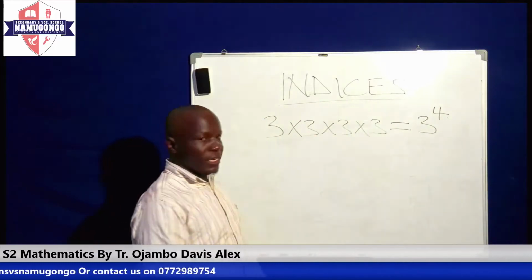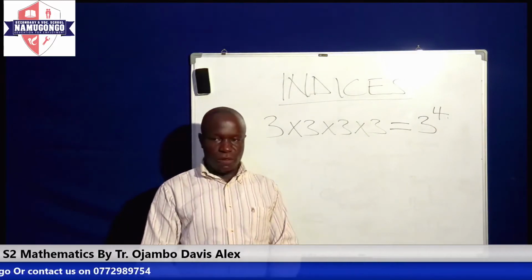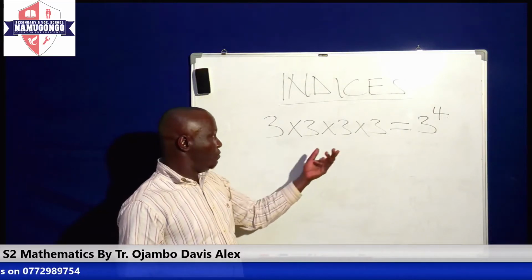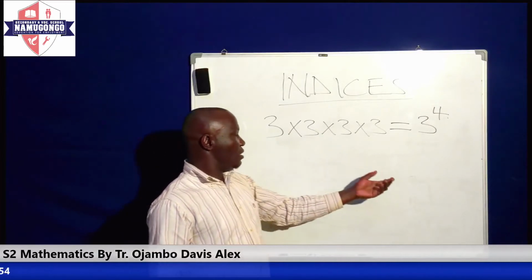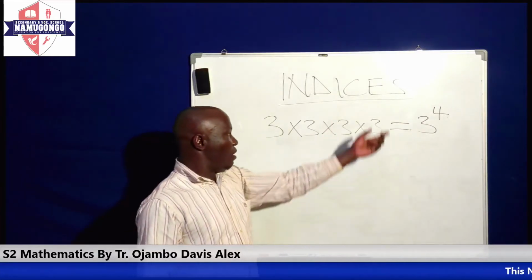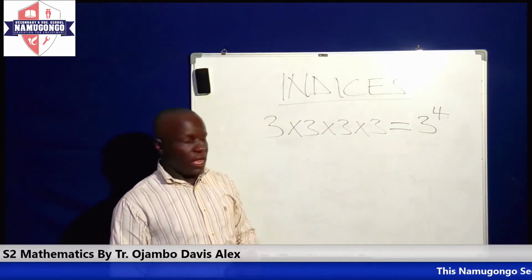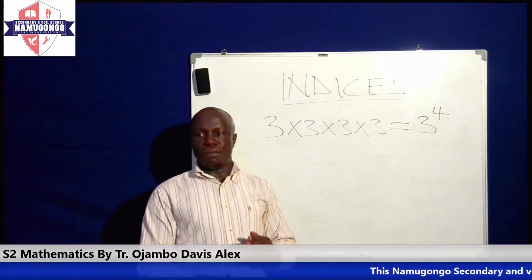You count the number of times 3 has been multiplied by itself. 3 has been multiplied by itself 4 times. That's why it's written in indexed form or power form as 3 raised to the power of 4, and it is read as 3 raised to the power of 4.